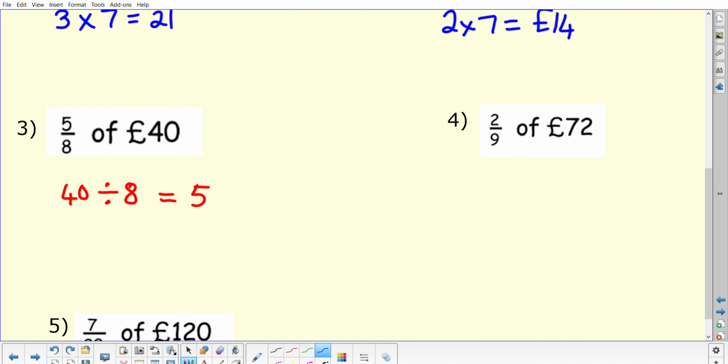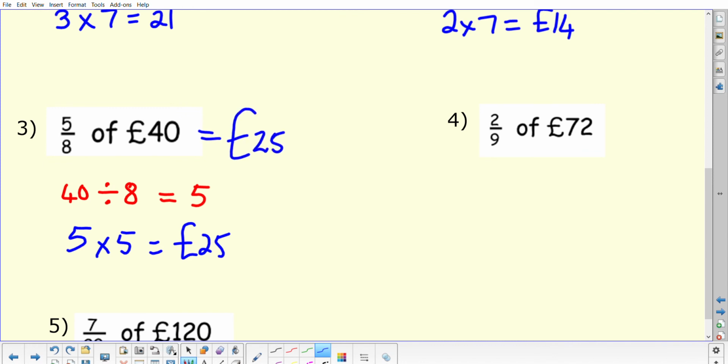You've then got 5 lots of that, so it's about doing 5 times 5, which gets you the answer of 25. We would be doing 5 times 5 equals 25, and put our answer up here as well.